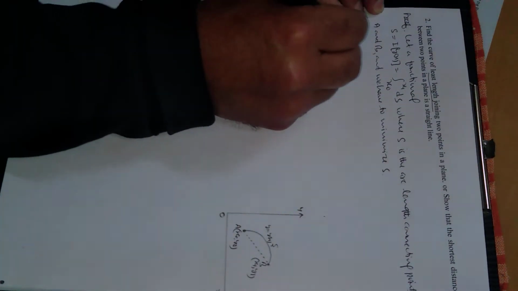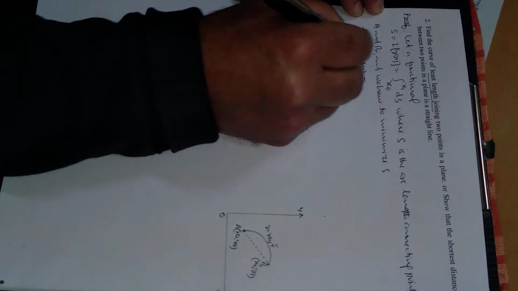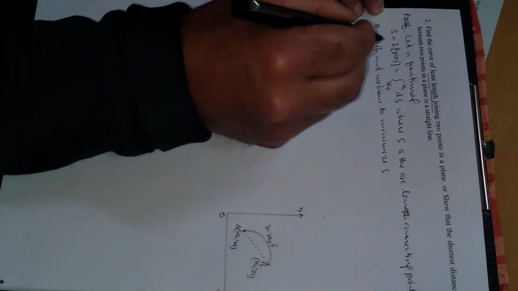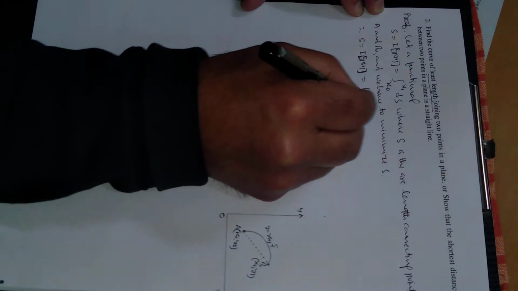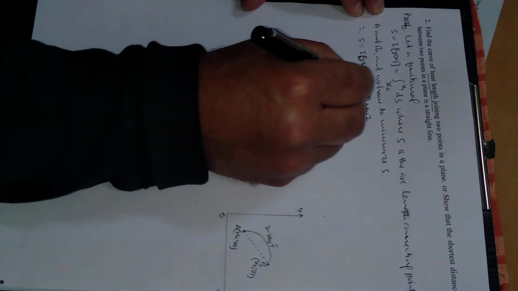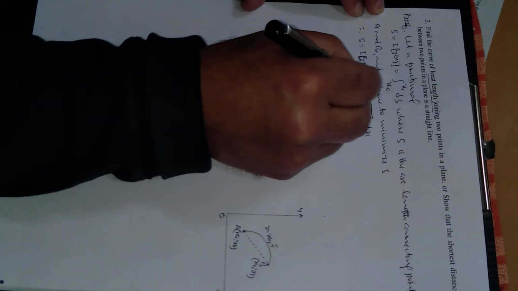Therefore s is equal to I of y(x). This will be equal to the integral of square root of 1 plus y dash square with respect to x, integration from x naught to x1.